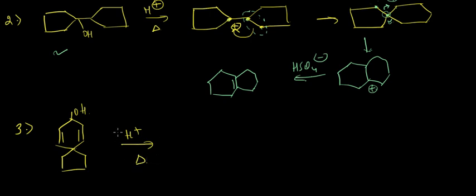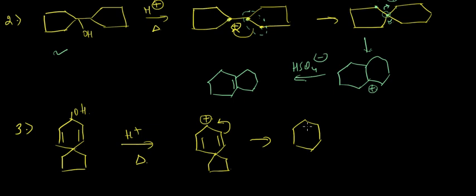Okay, so what will happen is, we will have a positive charge here, two double bonds here and a cyclopentane ring attached. Conjugation will take place.